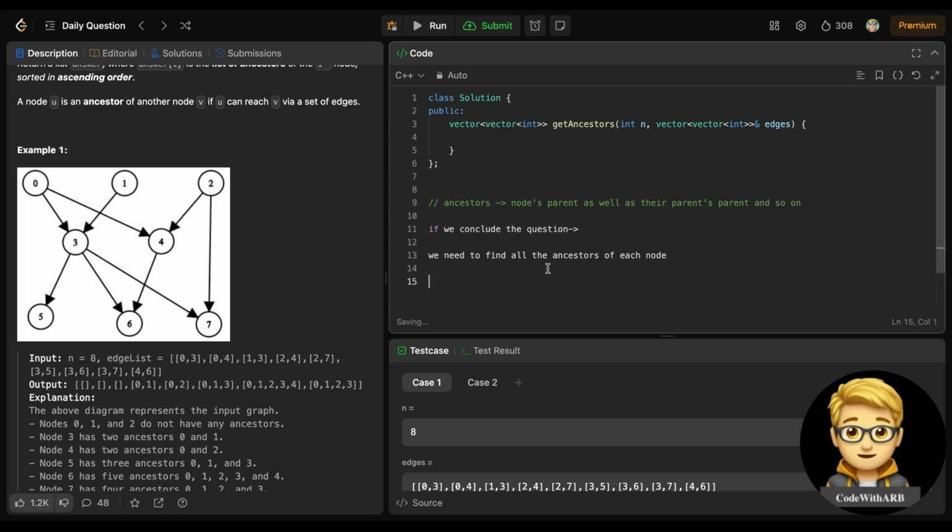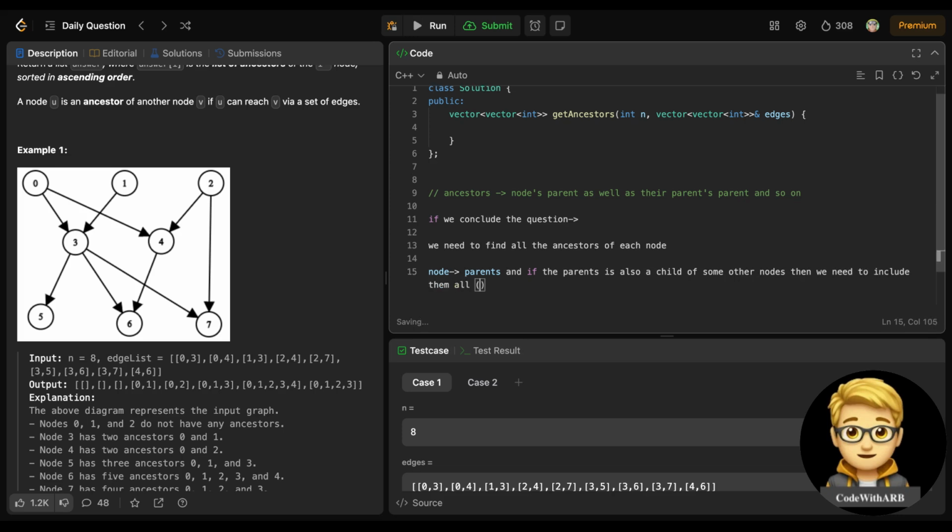If the node has some parents, and if a parent is also a child of some other nodes, then we need to include them all. All of them will be ancestors of the current node, right?